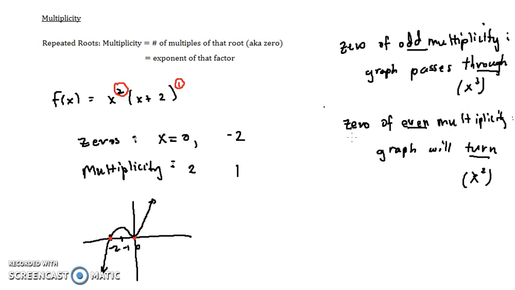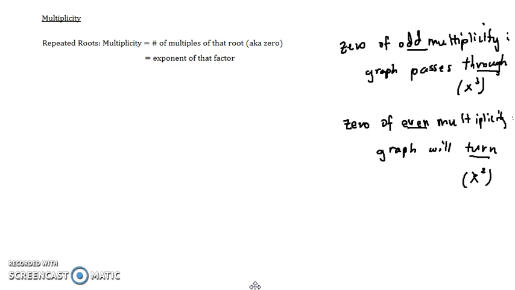All right, so let's see if we can predict the behavior of a graph just by looking at its factors. Let's say that we have f of x equals x times x minus 2 squared times x plus 3.